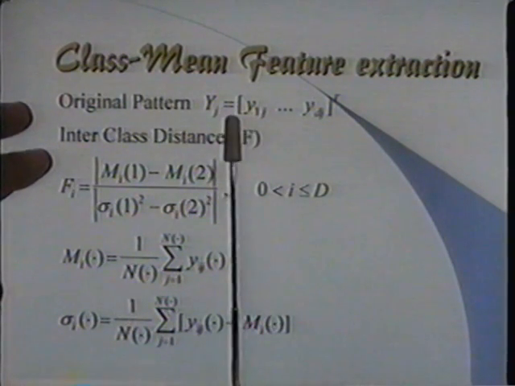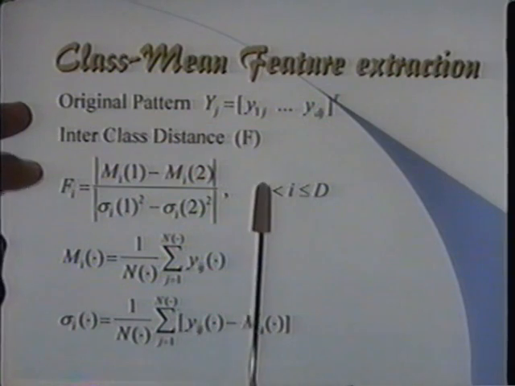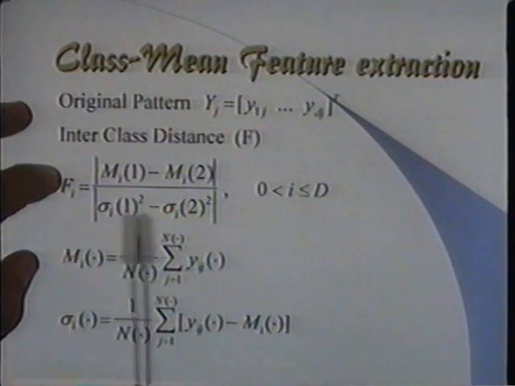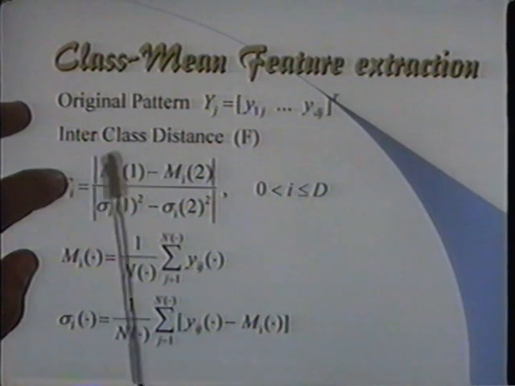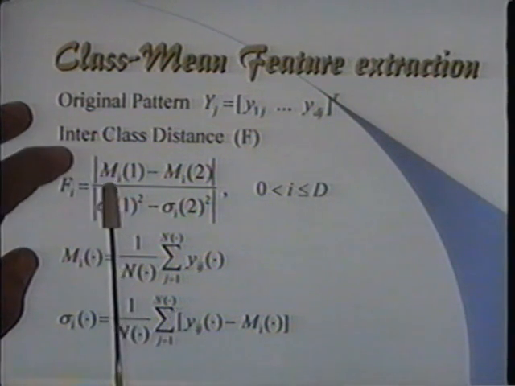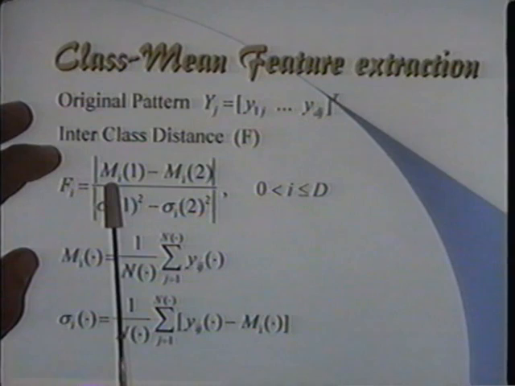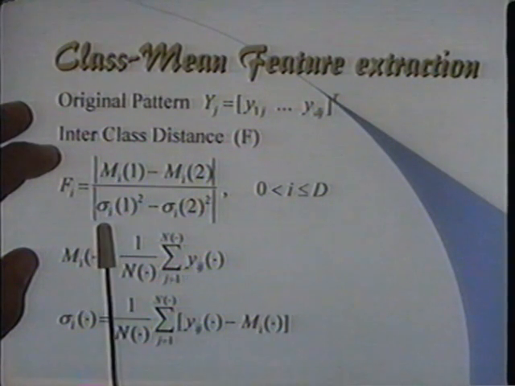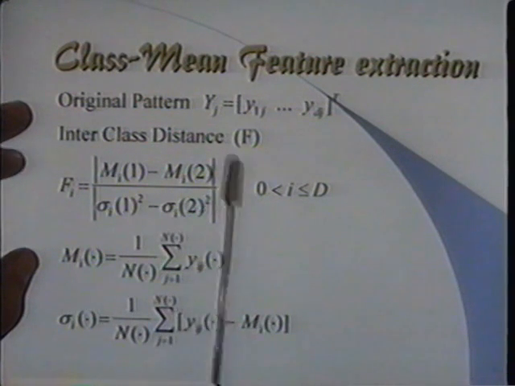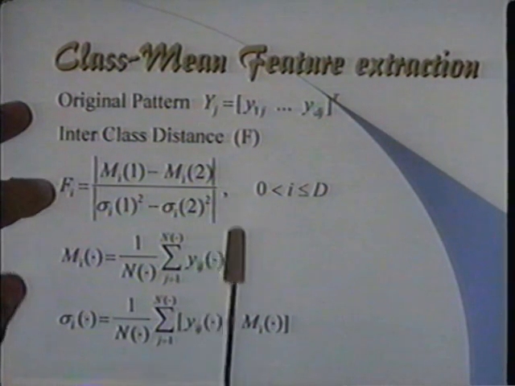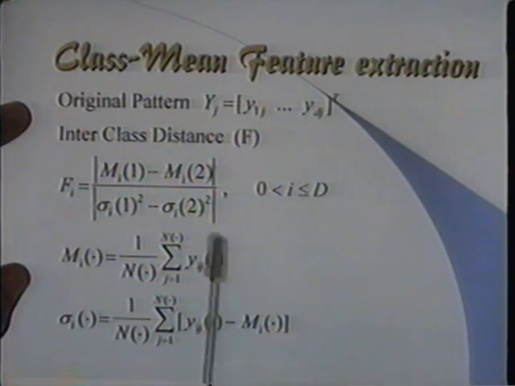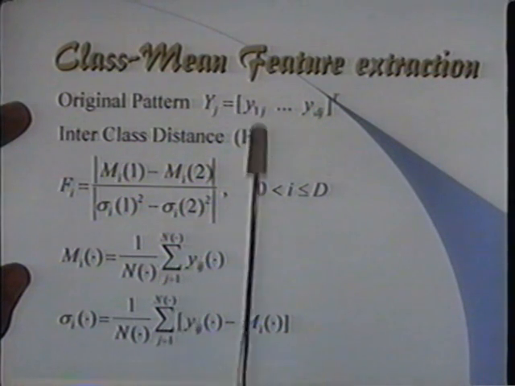So you start with something like this, and then you calculate the interclass distance, which would be a simple distance function that measures the separation between the two classes, class 1 and class 2. This is the mean or the average value, and this is the standard deviation, and you square that, and this will give you the distance. Again, M is basically a simple average of that particular value.